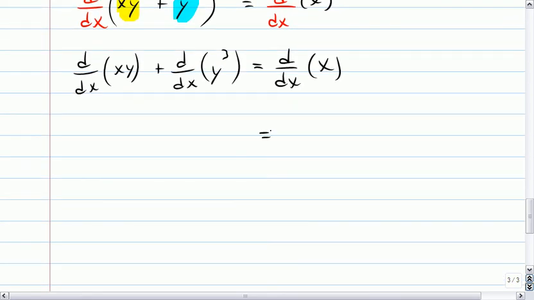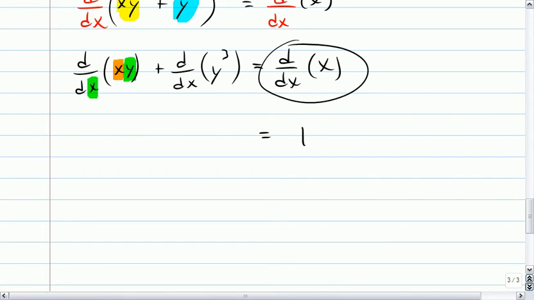The derivative of x with respect to x is just 1. The derivative of, let's go xy. You're taking the derivative with respect to x. So this y here, that's like a function. Okay? So you've got the derivative of x times y, and that requires the product rule.